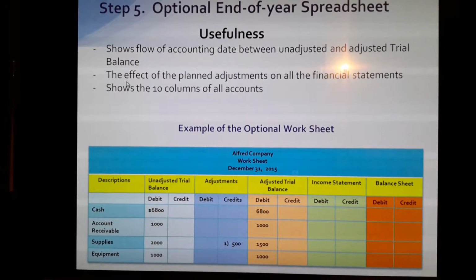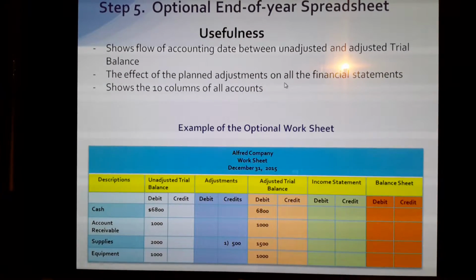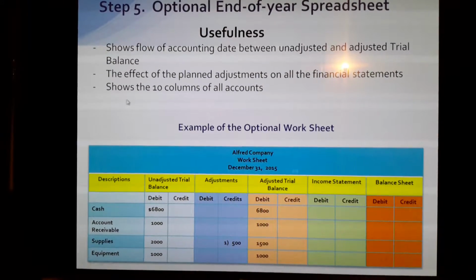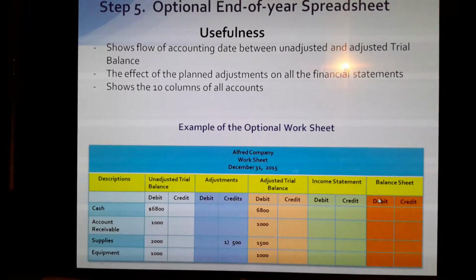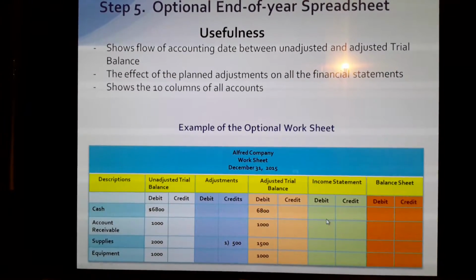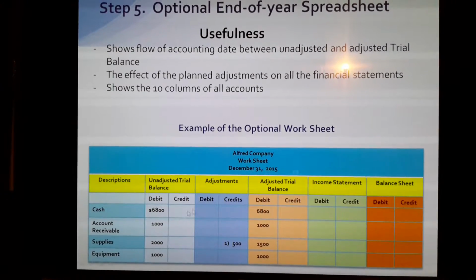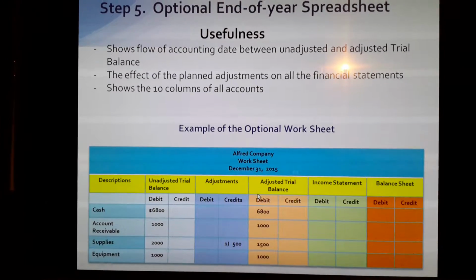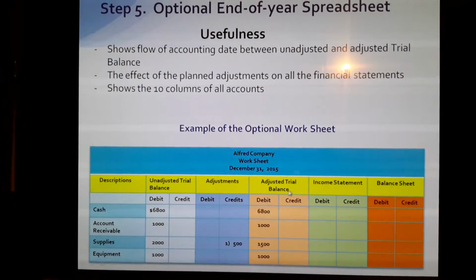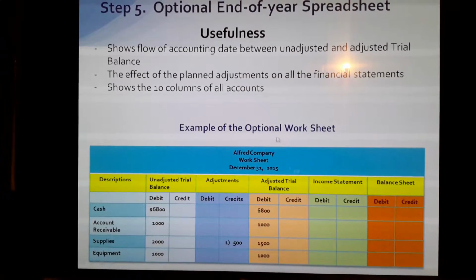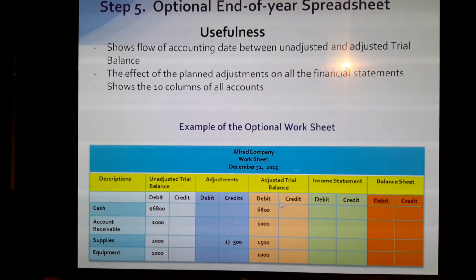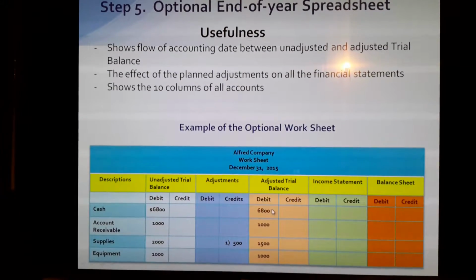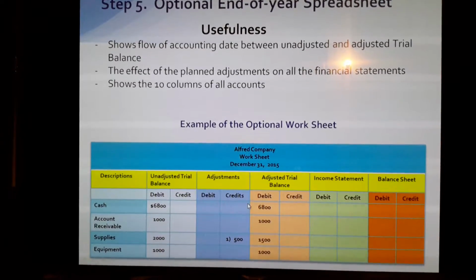It also shows the effect of adjustments on all the financial statements, and it shows the 10 columns of all accounts: 1, 2, 3, 4, 5, 6, 7, 8, 9, 10. This is your 10 columns from unadjusted to the balance sheet. This is an example of the worksheet that is optional, but it's really, really necessary to do this.